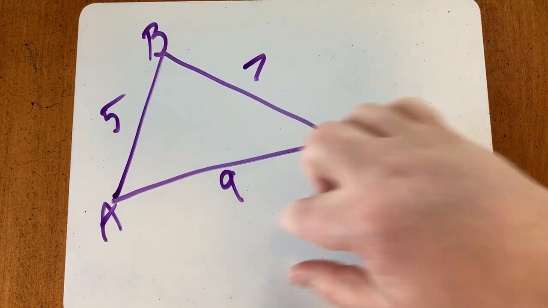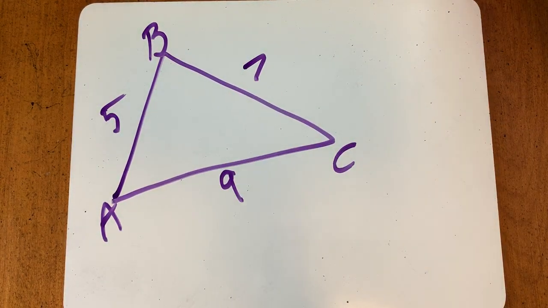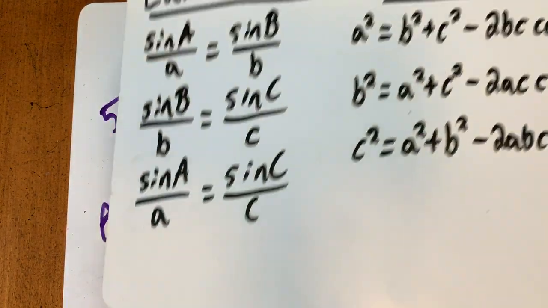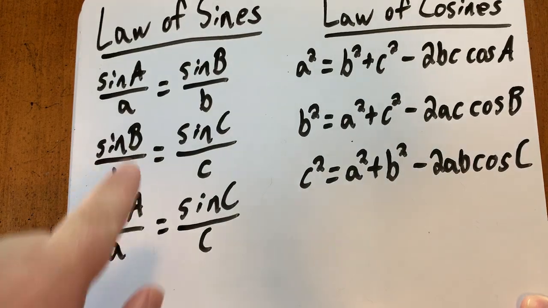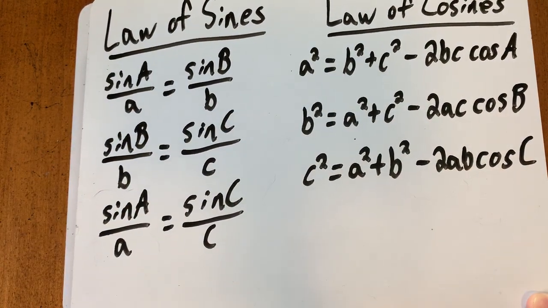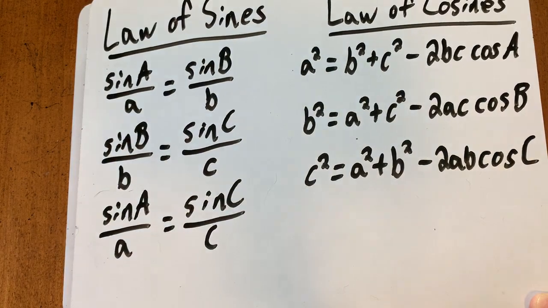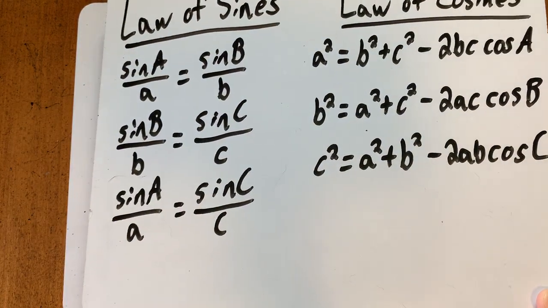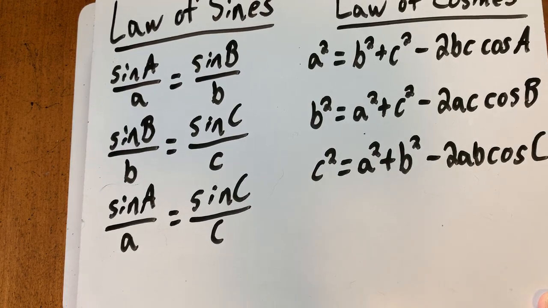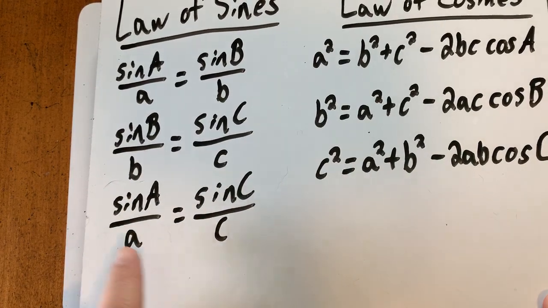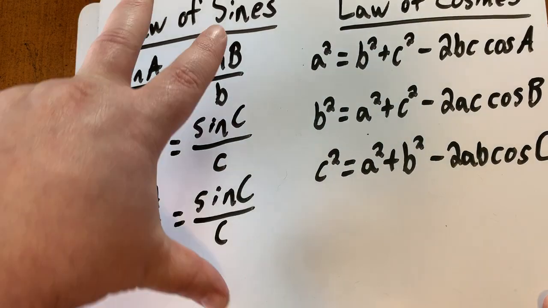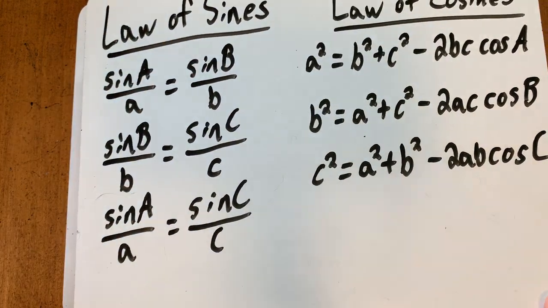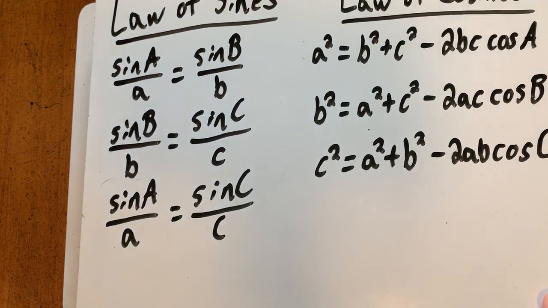So we have all three sides, and if we look at our laws, well, if it's law of sines, we would know sides A and B, but we wouldn't know either angle A or angle B. We would know sides B and C or A and C, but we wouldn't know any of the angles, so we can't use the law of sines. So anytime there are three sides, you have to use the law of cosines.